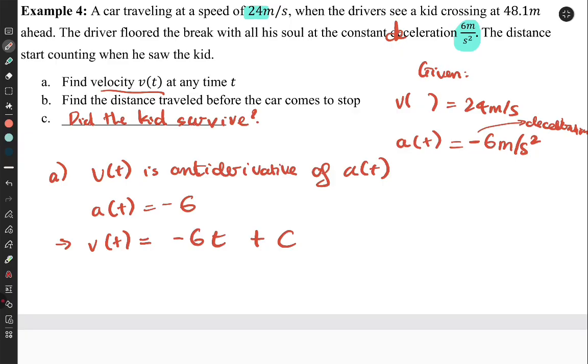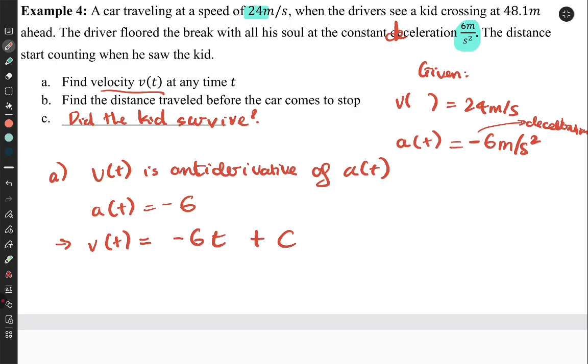Back to this number, 24 meters per second. In this context, when does that happen? Very beginning, up until he brakes. At the moment he brakes, he was traveling at 24 meters per second. That is also the moment this problem starts, the initial condition right there.